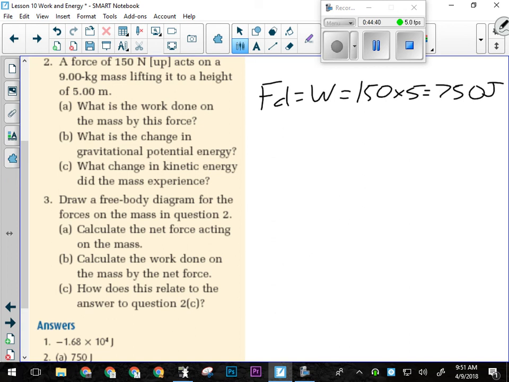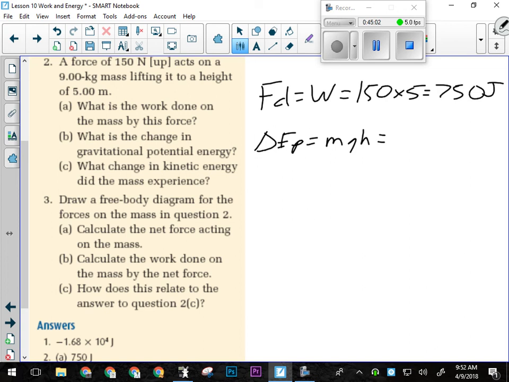Now, when I lift something, I do change its potential energy. If I lift it at a constant velocity, that's all I do. But in this case, I think I'm going to have a little bit of energy left over. So I'm going to calculate the change in potential energy just by going mass times gravity times height, or the change in height in this case.